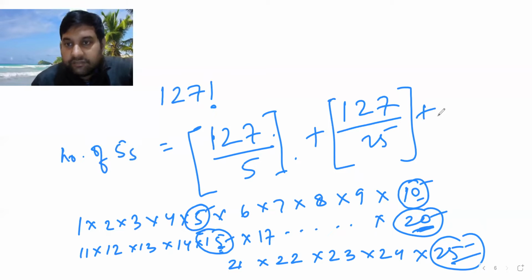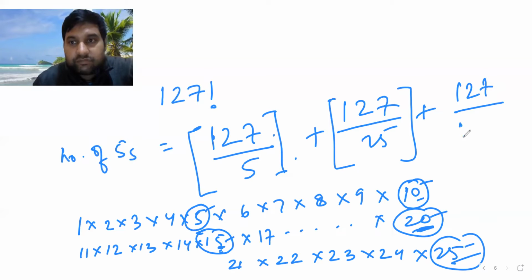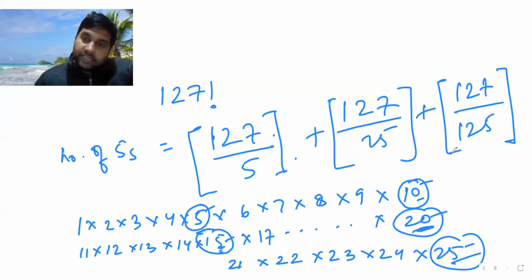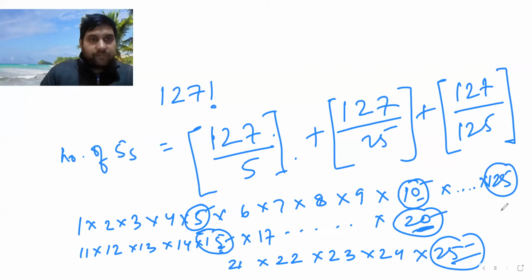Correct? And then we will go to 127. 5 raised to the power 3 also will count because 5 raised to the power 3 is 125. It is just less than 127. So we will continue to divide this, because the moment you go into 125, it is 5 into 5 into 5.